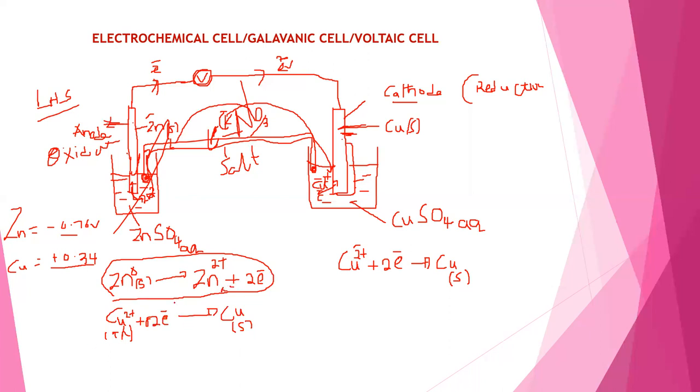When you combine this, those electrons cancel each other. So you'll be able to get the zinc, which is solid, plus the copper ion.